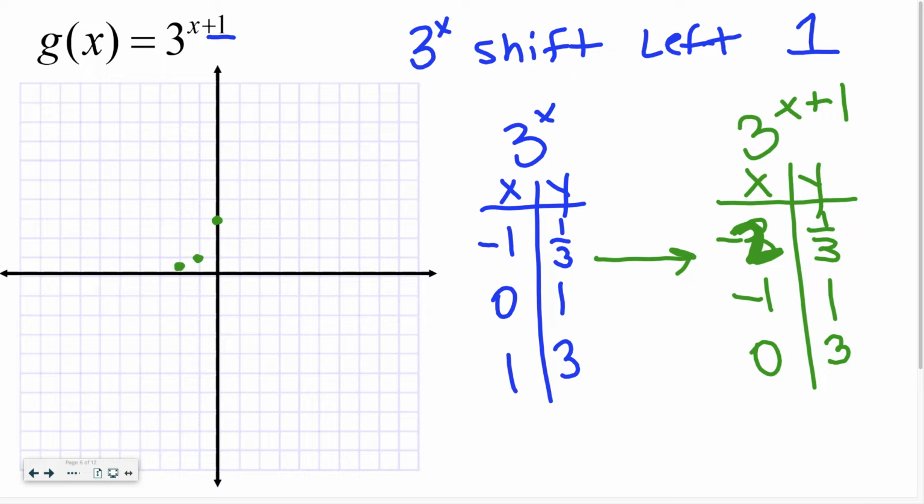Now, did our horizontal asymptote, did that move at all? If we take a horizontal line and we shift left 1, did it really go anywhere? Okay, so we would still have a horizontal asymptote at y equals 0.